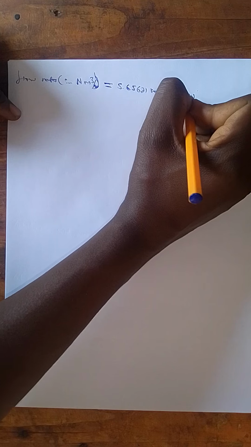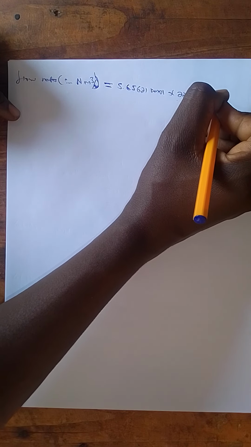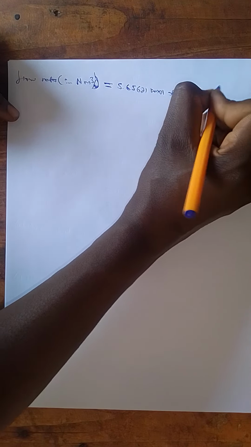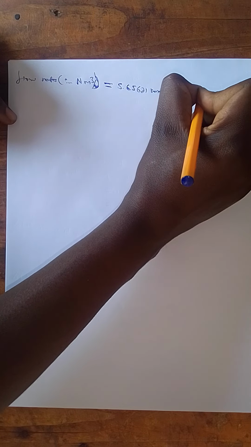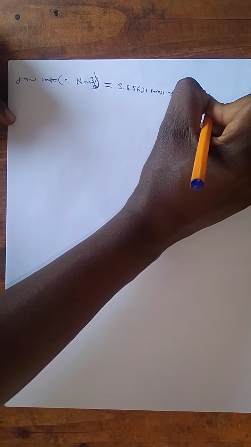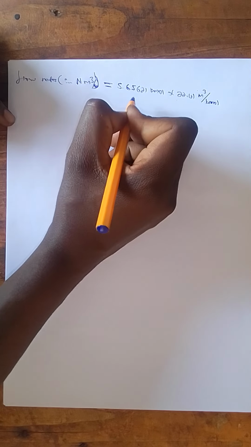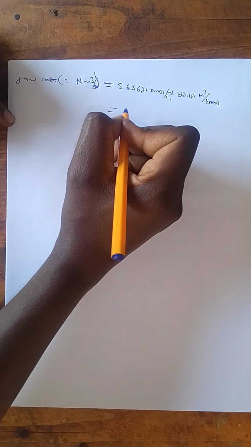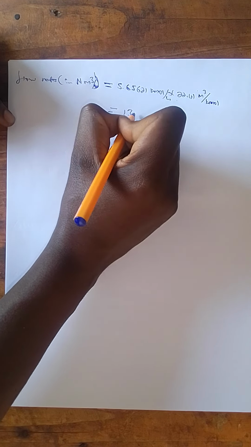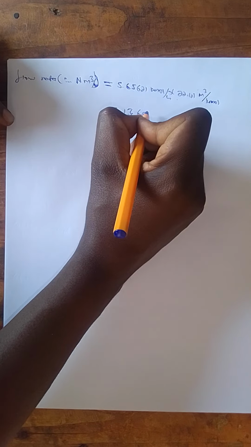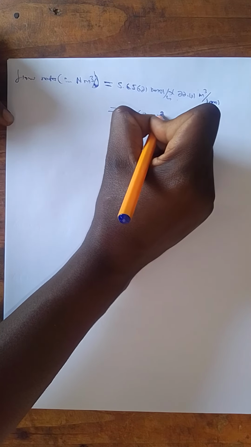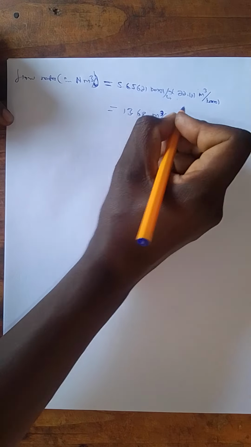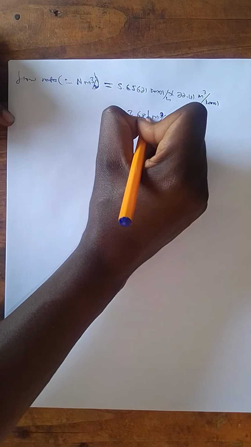So it's 22.41 meters cubed per kilomole, and here it's 5.65621 kilomole per hour. And if you use your calculator, it's going to give you 13.68 meters cubed per hour. But because it's the normal meter cubed, it's important to put the capital N here, so it becomes 13.68 normal meters cubed per hour.